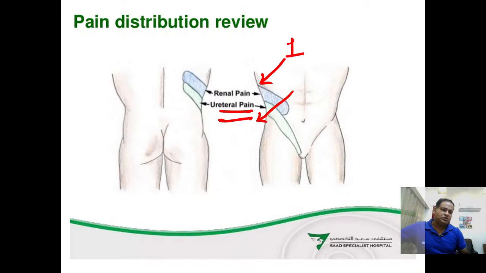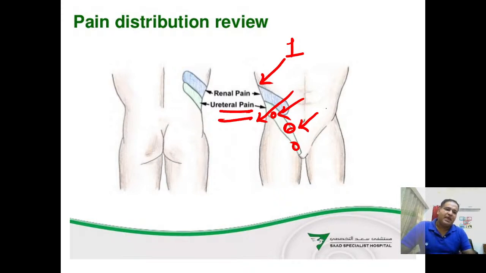Now the first pain was due to kidney stretching of the renal capsule. This pain will present in the renal angle. Ureter pain, if the stones are present here, and here, we have discussed that this will be carried down through the obturator nerve. Now the pain here might mimic appendicitis. Fine.